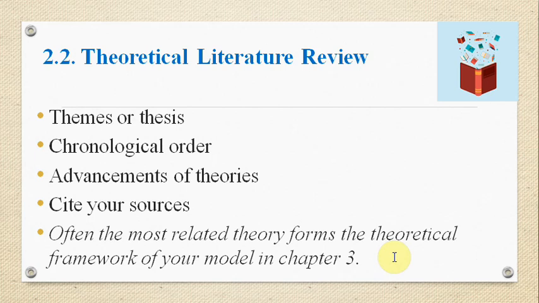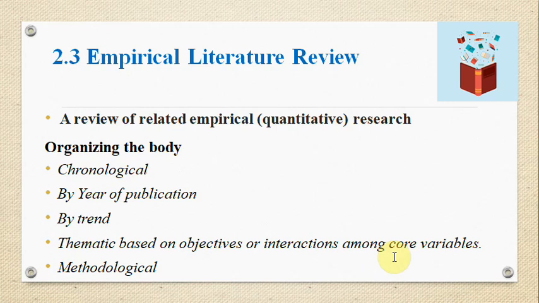All right? Then the other part is your empirical literature review. Empirical literature review is basically the quantitative research, all the analysis, the projects people have done, thesis people have done, journal paper people have done, using quantitative approach, throwing up figures. Okay, throwing up figures to do this kind of thing.